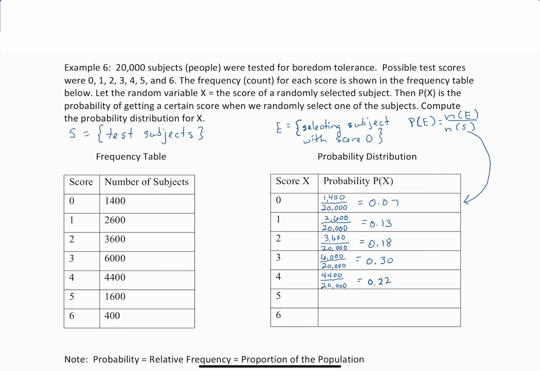And the last two are 1,600 divided by 20,000 and 400 divided by 20,000. And those are 0.08 and 0.02.